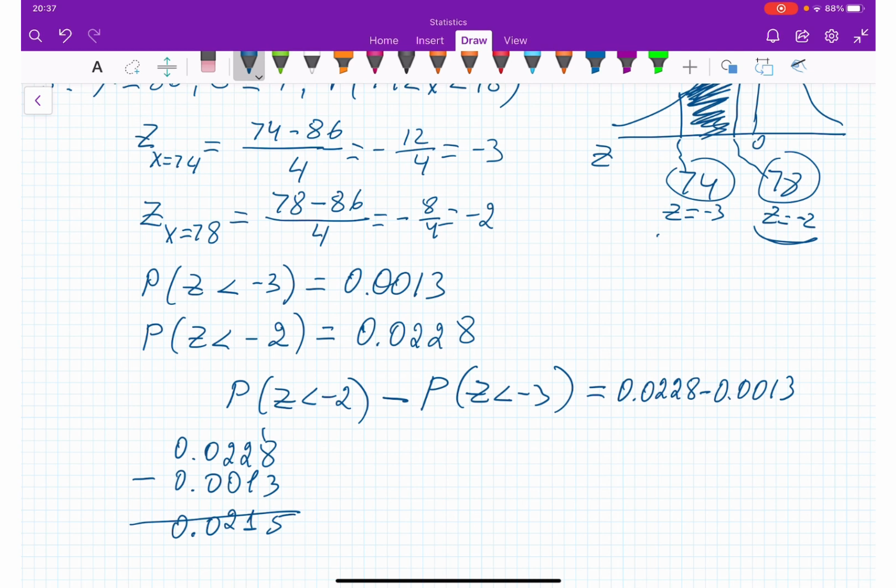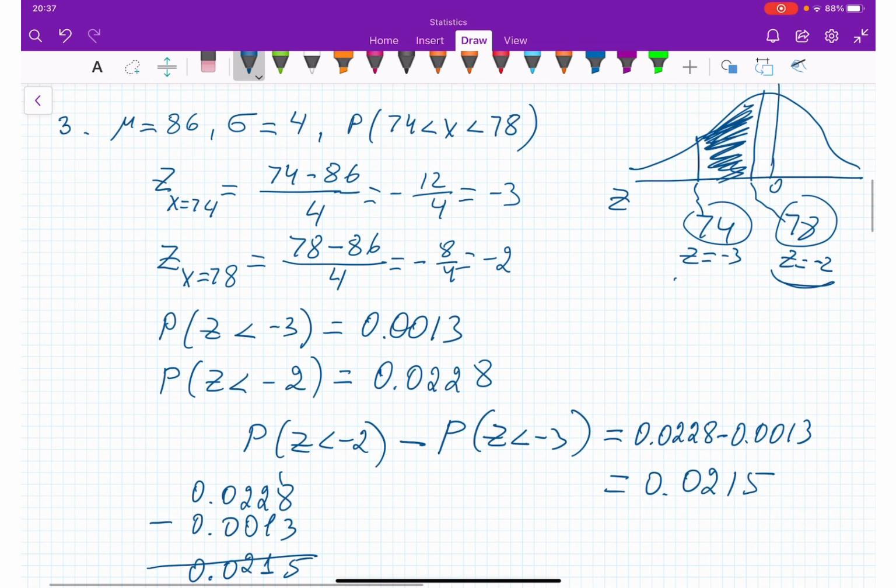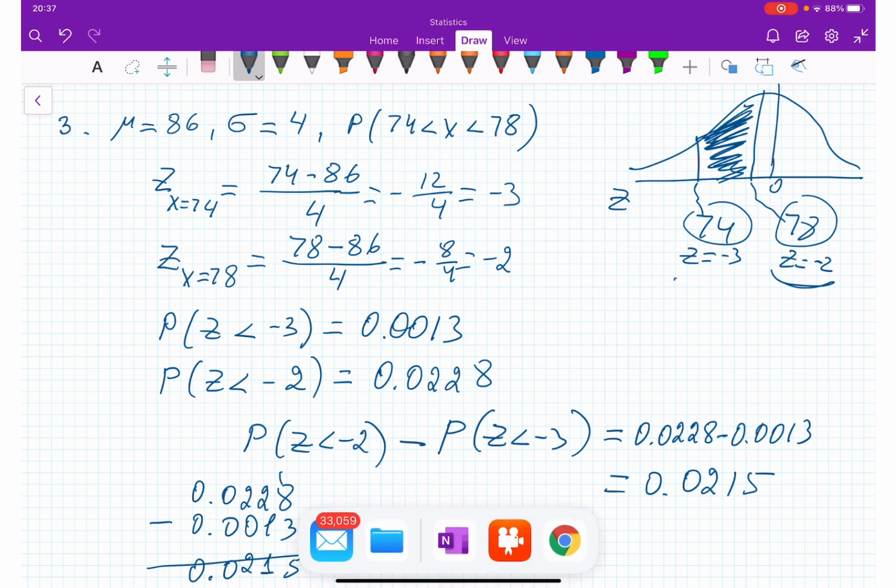And that is going to be equal 0.0215. Again, you check if the first time it says wrong number, that means the fourth decimal is going to be a little bit different. So let's check what we get.